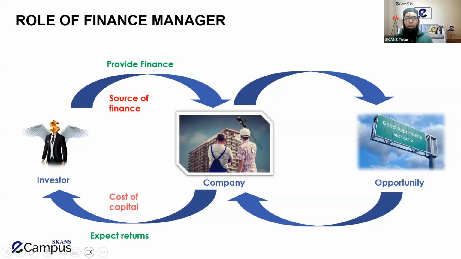From the company's perspective, it is the minimum return they have to offer to the investor, which is known as the cost of financing or the cost of capital. Now, being a finance manager, it is our responsibility to estimate it and, as much as possible, try to manage it.